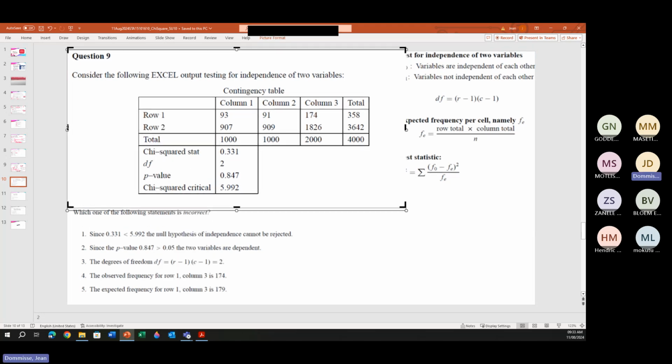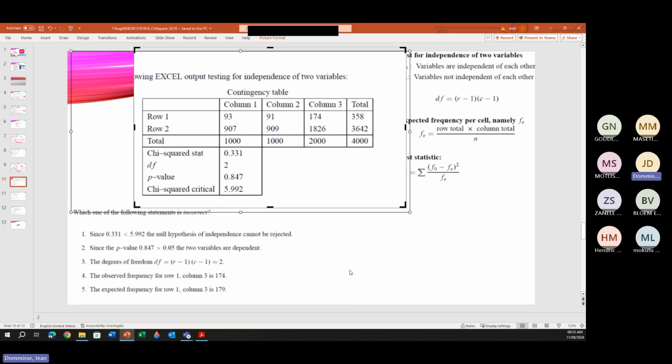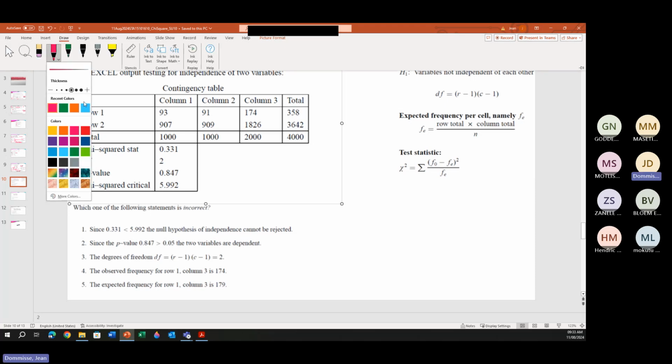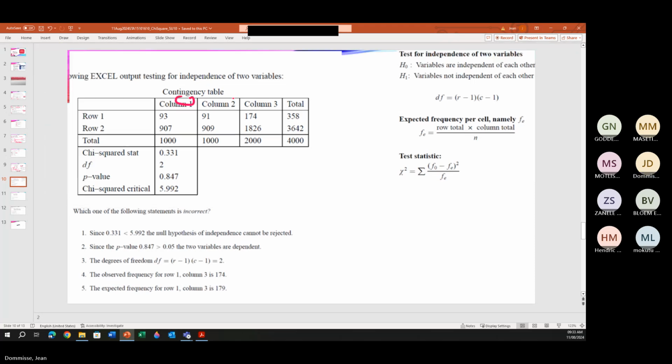So in this information, what you see is column 1, 2, 3. So this variable, whatever it was, there were 3 of them, 1, 2, 3. And so 3 columns, and there were 2 rows.